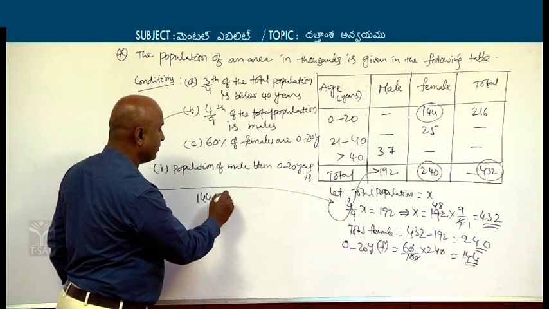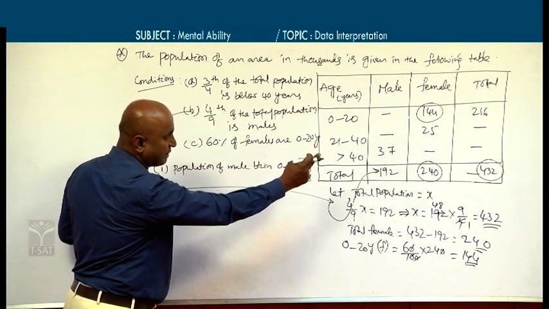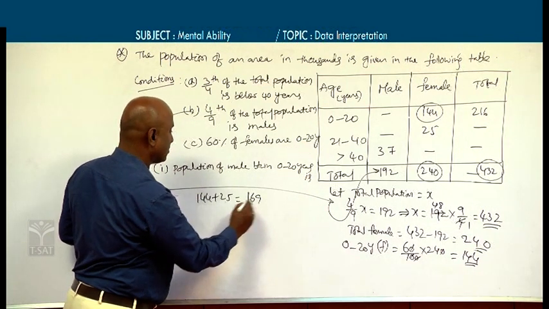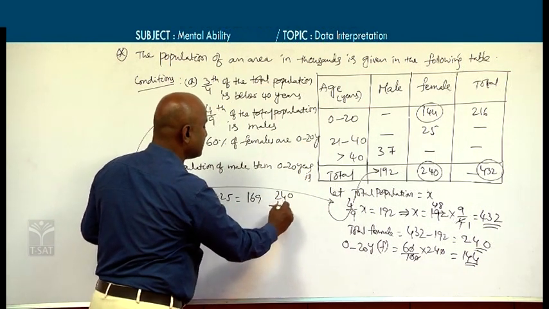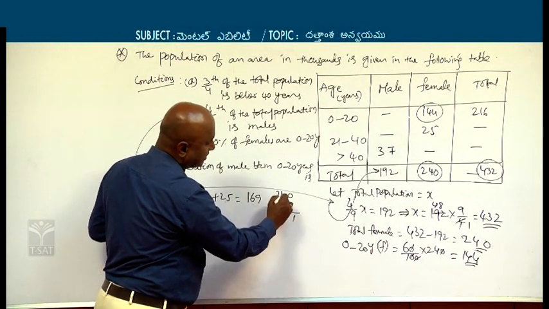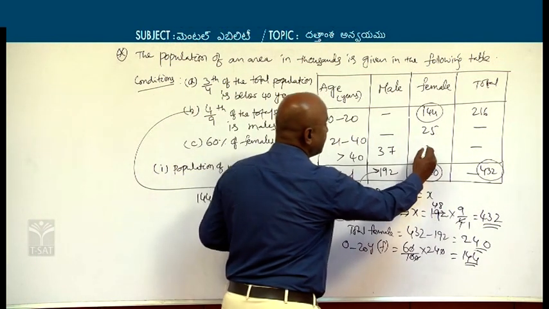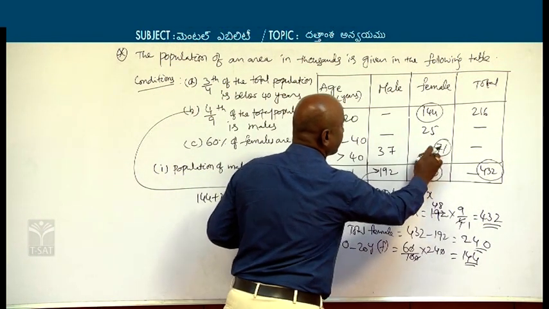That is 144 plus 25, which is equal to 169. And you subtract 169 from 240. So 240 minus 169: 10 minus 9 is 1, and 13 minus 6 is 7. So it is 71.